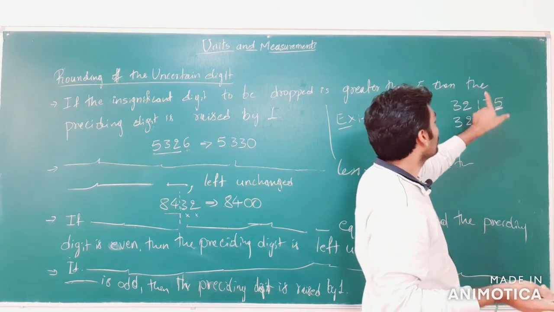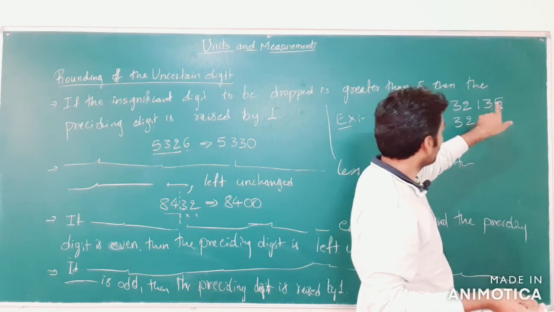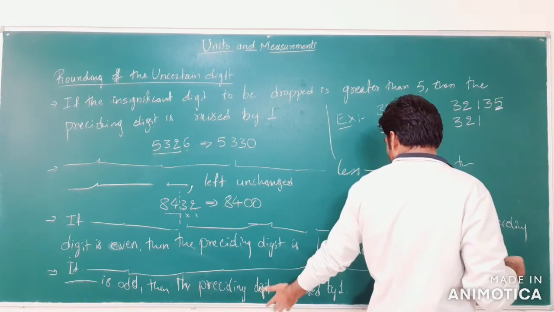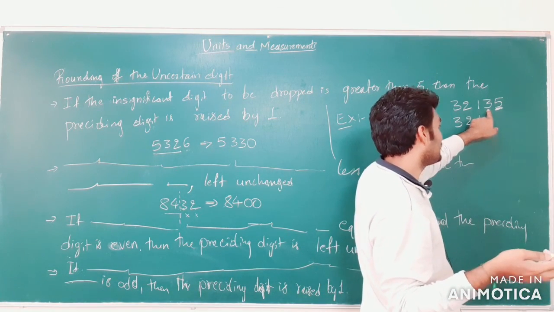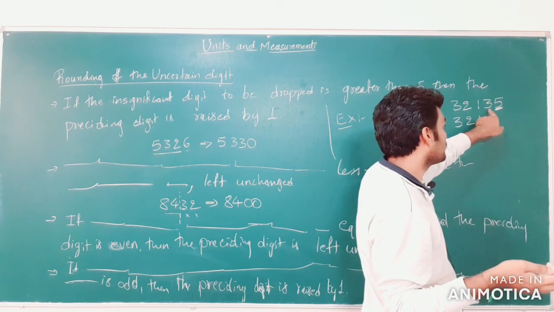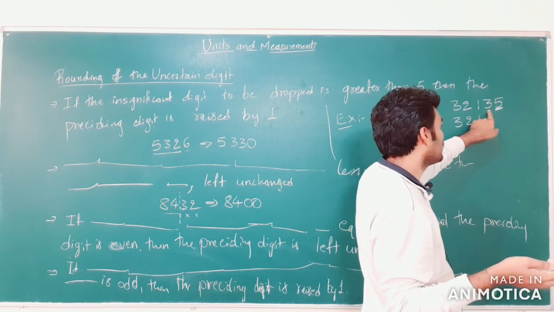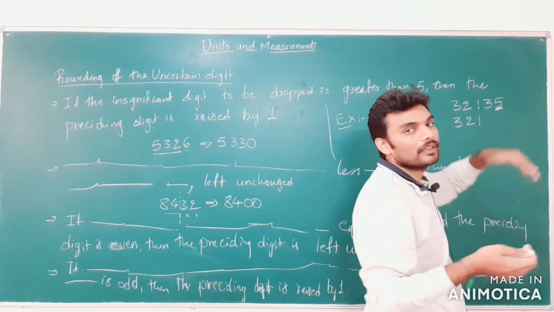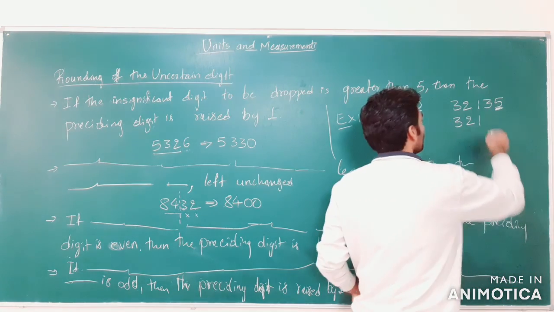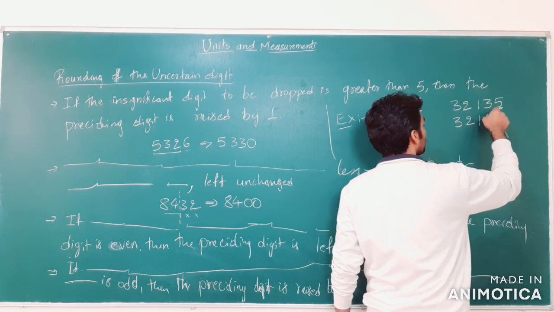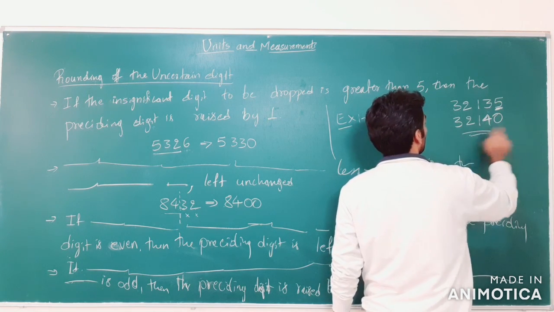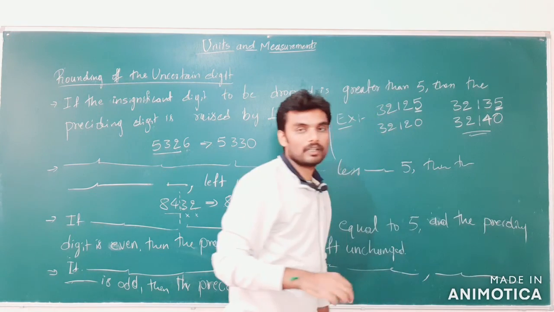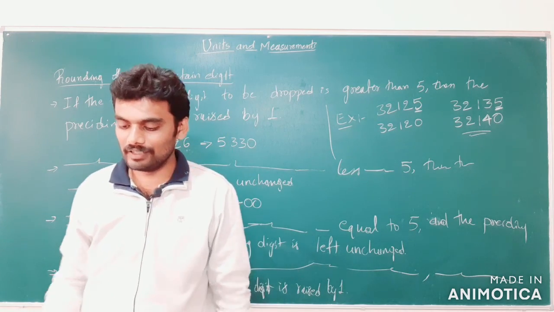I should look for the preceding term, and the preceding term that I have is odd in nature. 3 is odd. So if the number is odd, then I should increase the value of this 3 to 4 by 1, and round it off. Clear about this? Very easy.